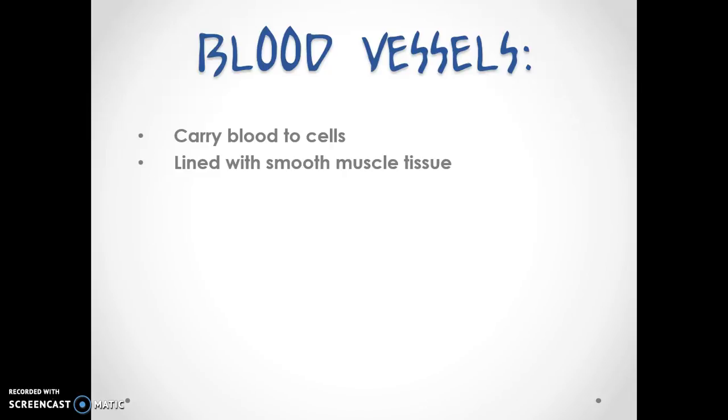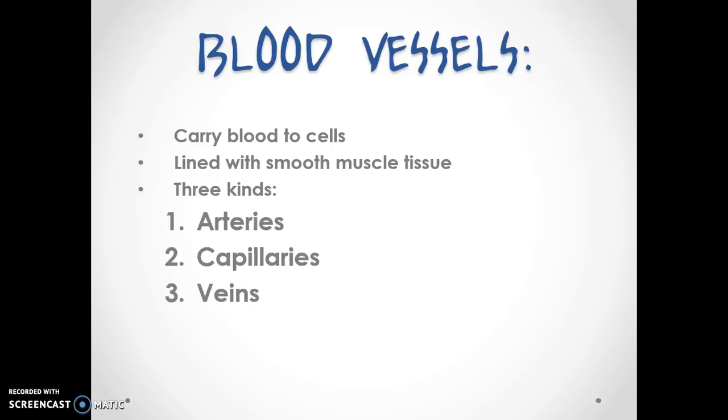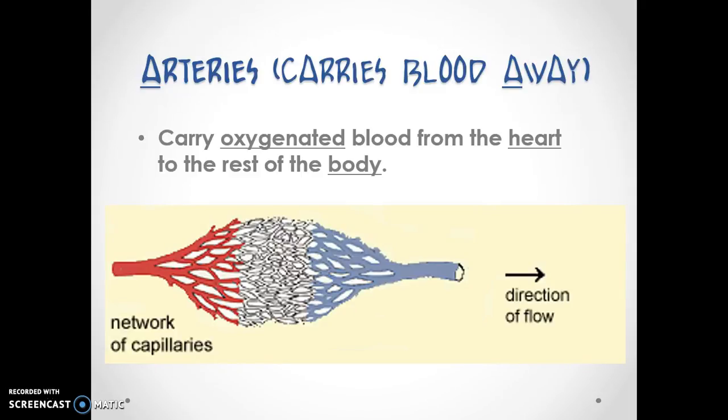and it is lined with smooth muscle tissue. It has three types: arteries, capillaries, and veins. For arteries, you need to keep it in mind that they carry blood away; they carry the oxygenated blood from the heart to the rest of the body.